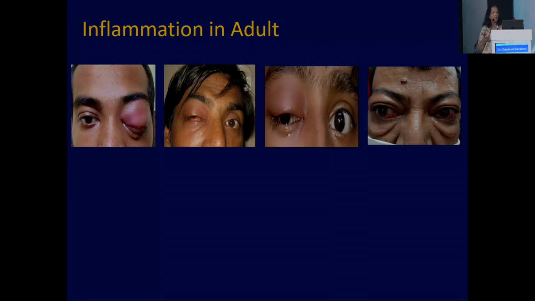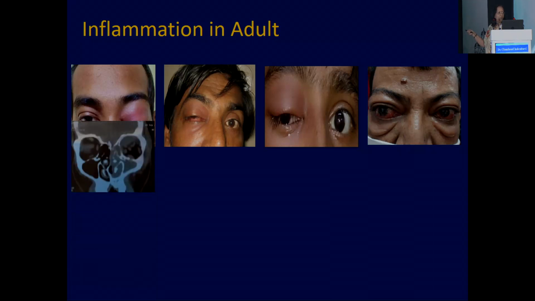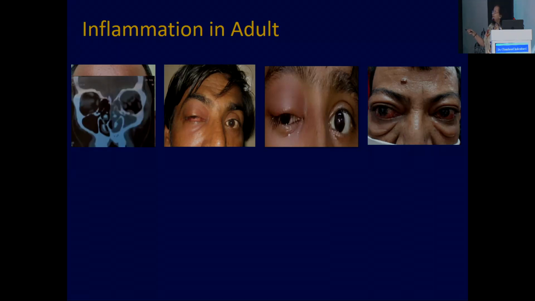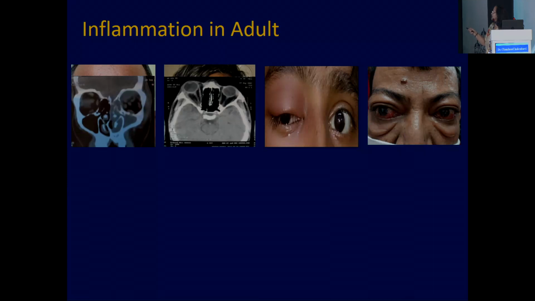These are almost similar age groups. See, in the left hand, what is this? Looks like orbital cellulitis. Yes. Again, the sinuses are involved. What is this? Inferior rectus muscles are involved. What is this?